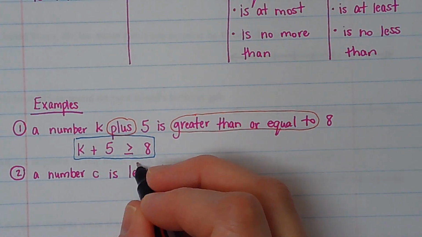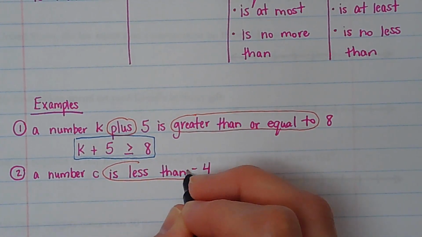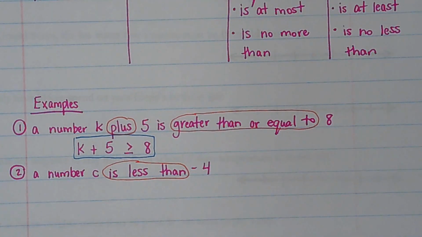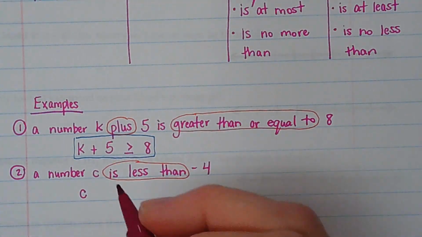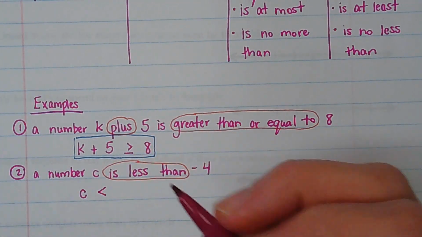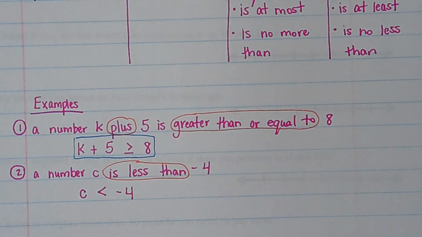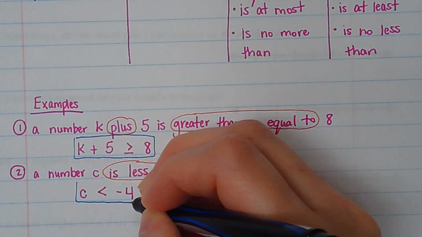But I do see is less than. So that just means all I'm doing is C, and then I look at my chart up here to make sure I know which sign I'm using, and I'm using the less than sign, and then it's -4. And that's all you had to do. All right, so that one was even easier.